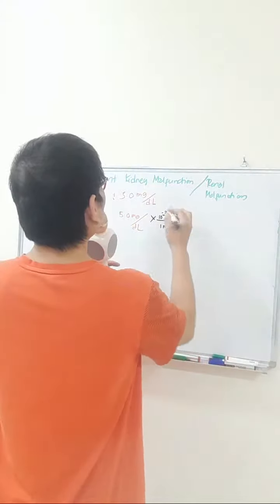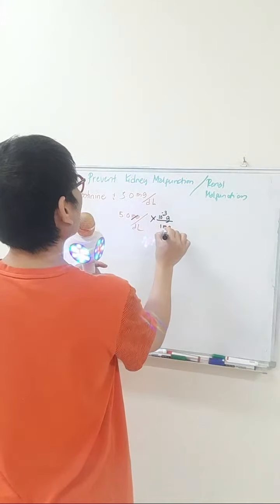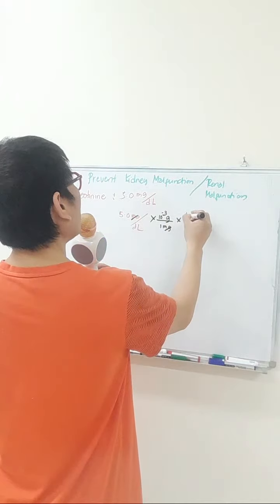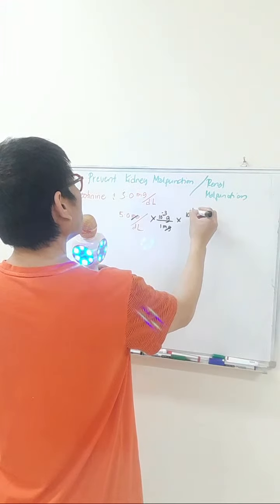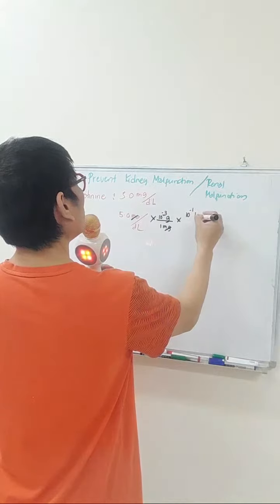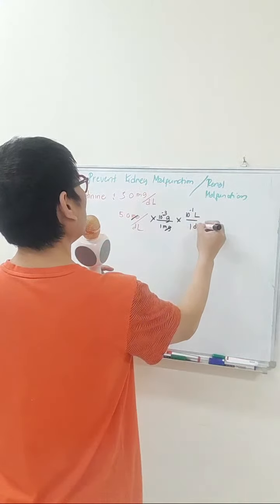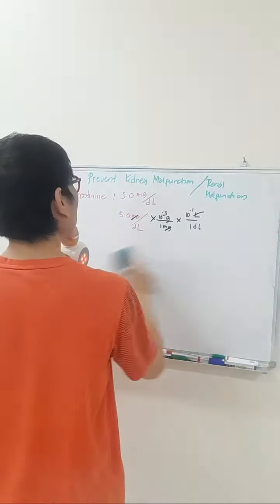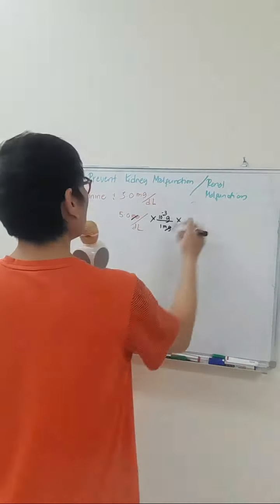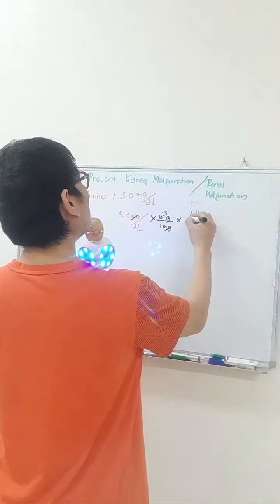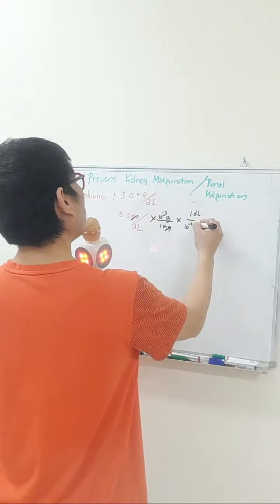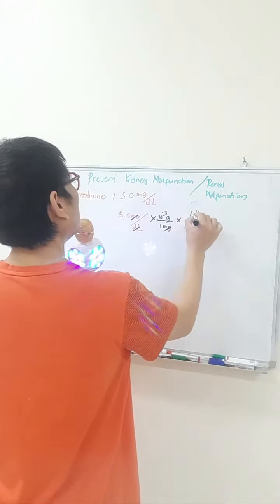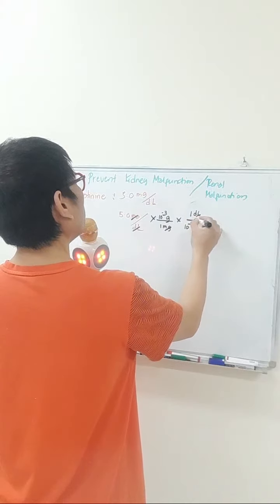So cancel the milligram. With the deciliters, 10 to the negative 1 liter is equal to 1 deciliter. Cancel the deciliter, and then we get grams per liter.